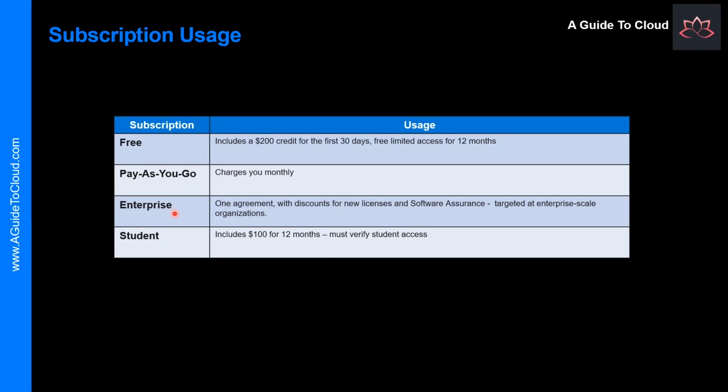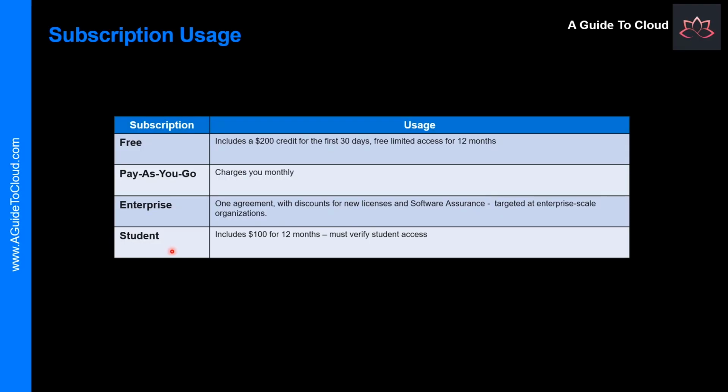Third type is an Azure Enterprise Agreement. An Azure Enterprise Agreement provides flexibility to buy cloud services and software licenses under one agreement, with discounts for new licenses and software assurance. It's targeted at enterprise scale organizations.